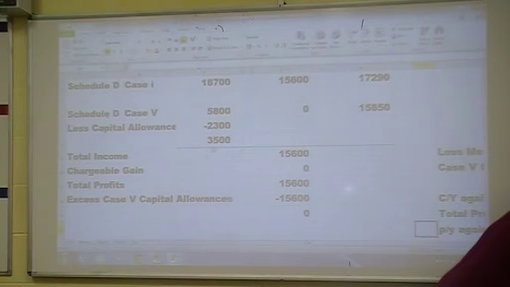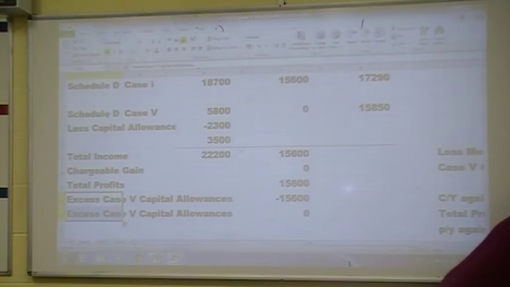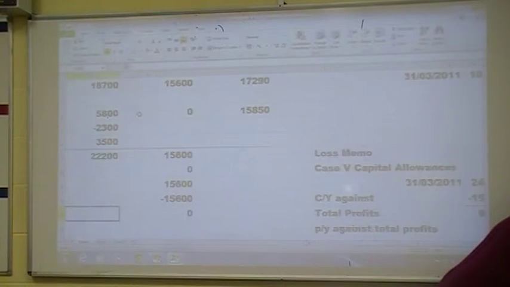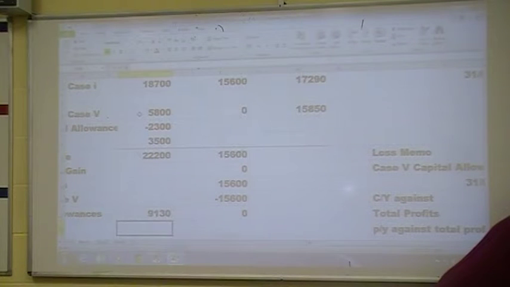What's our total profits here? It is 18,700 plus 35. And how much can we actually put against it? 9,130, isn't it?